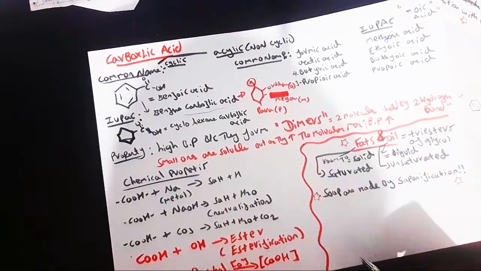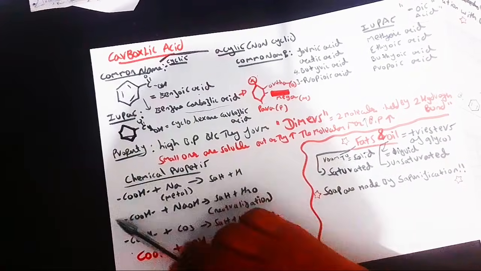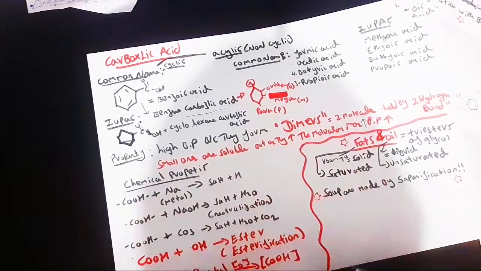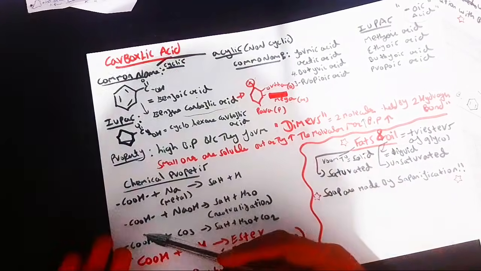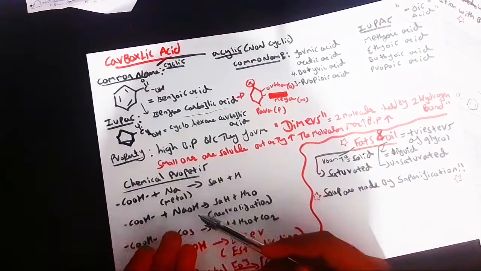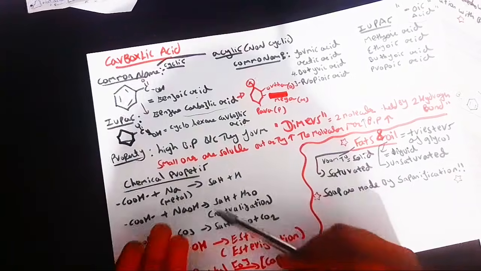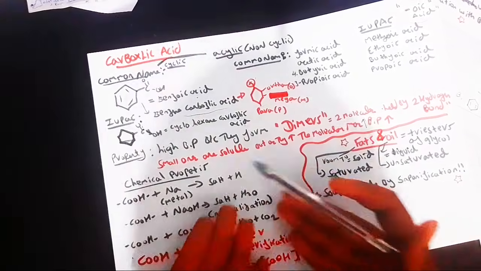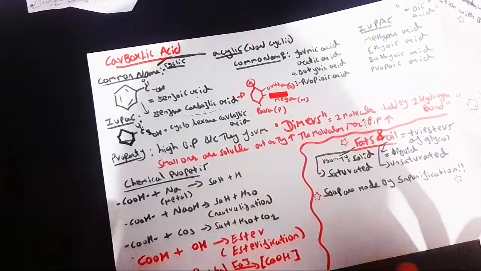For the chemical properties, when carboxylic acids react with a metal, they give us salt and water. When a carboxylic acid reacts with sodium hydroxide, which is a base, it gives us salt and water, which is basically a neutralization reaction.